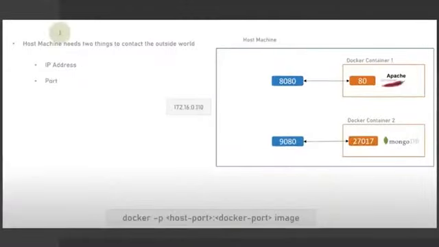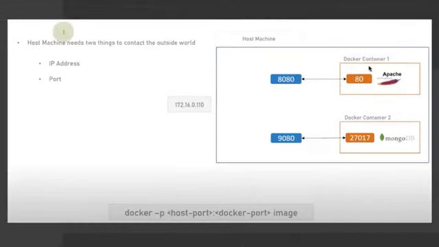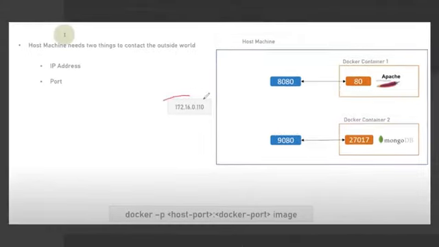Now we are going to run that Docker image inside our container. The container has a default port. For example, in this diagram, we are going to run Apache inside the container, and the container has a default port, but this port is only accessible inside the container and not accessible from the outside world. To access it from outside, we need two things: the IP address and the port number.